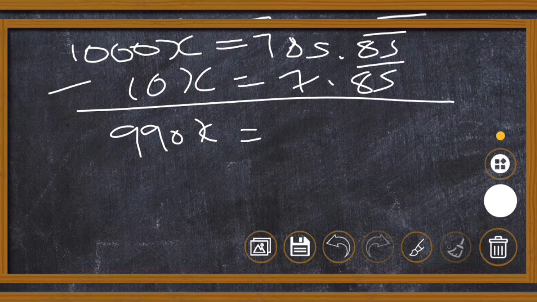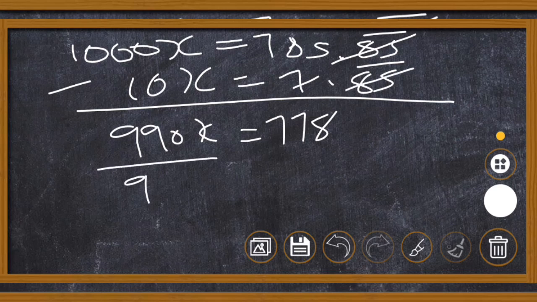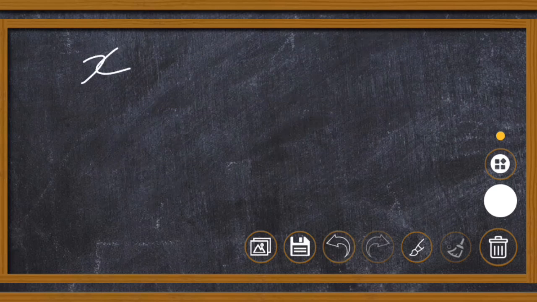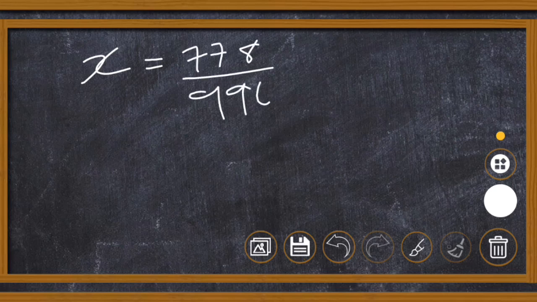What are we going to have? We are going to have 778. And then this is going to cancel each other. So let's divide 990 here and also 990 here. So in this case, we are going to cancel this, and we are going to have x equal to 778 over 990.